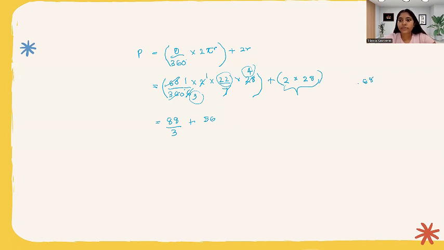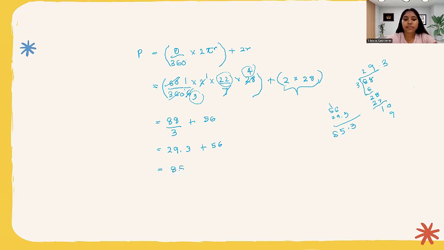So 88 divided by 3: 3 times 2, 6, 2 remaining, gain 8. 3 times 9, 27, 1 remaining, 10. 3 times 3, 9. 29.3 plus 56. 3, 15, 1, 85.3. The answer is 85.3, and keep in mind to write the units as well.